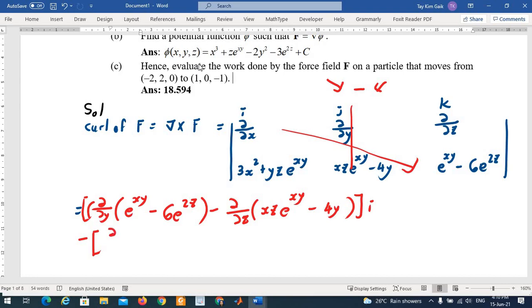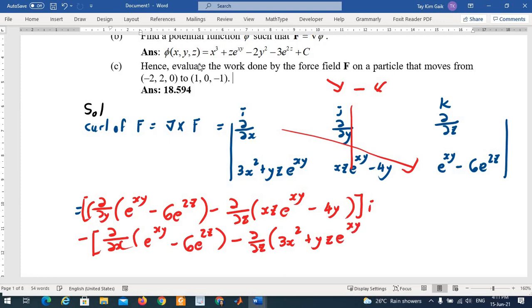So we have del x of e^(xy) minus 6e^(2z), minus del z of 3x squared plus yz e^(xy).